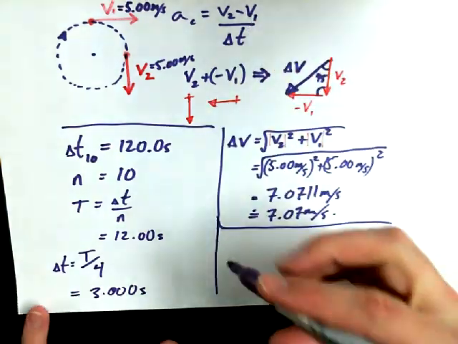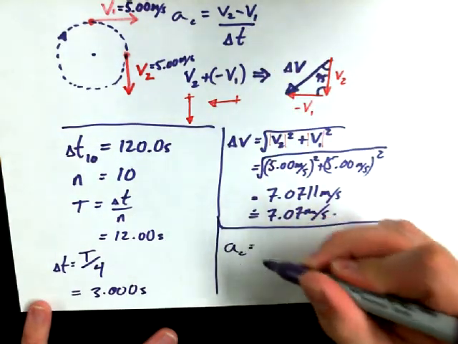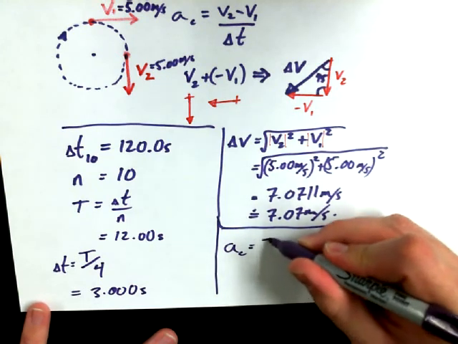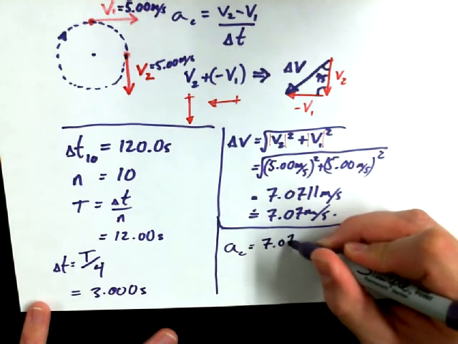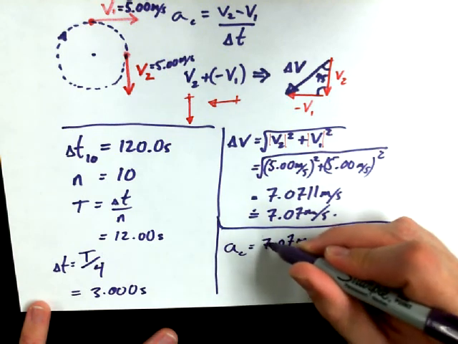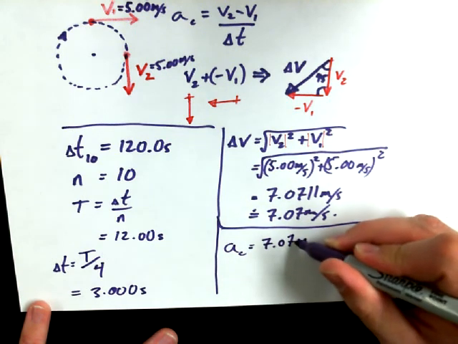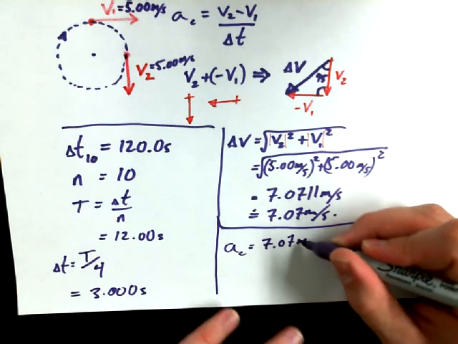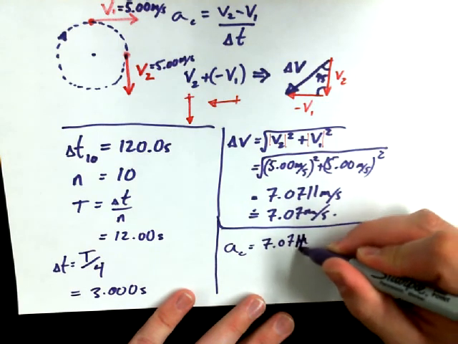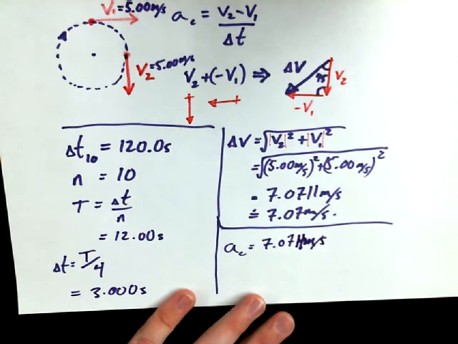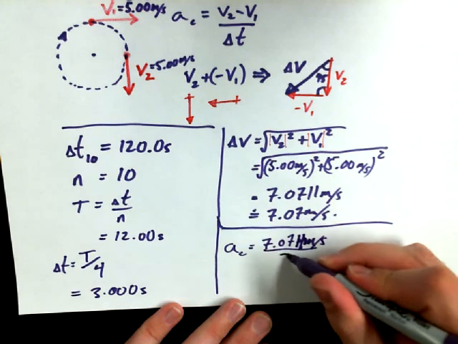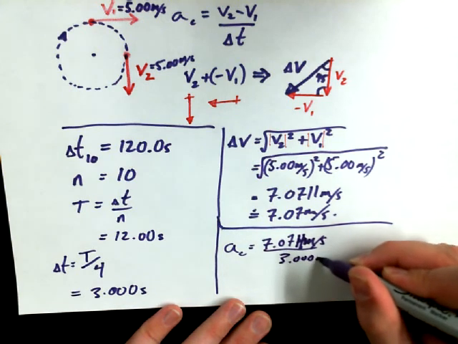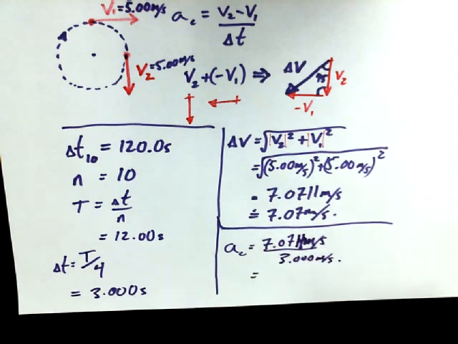And now you could go back and you could do the calculation. Finally, we could at least get a_c is equal to delta v over delta t, where delta v is equal to 7.07 meters per second. Oh, I should put in the unrounded value, 7.0711 meters per second. Sorry, that's messy. Divided by 3.000 seconds, knowing that we're going to end up having to round to 3 sig figs. What's 7.0711 meters per second divided by 3 seconds?